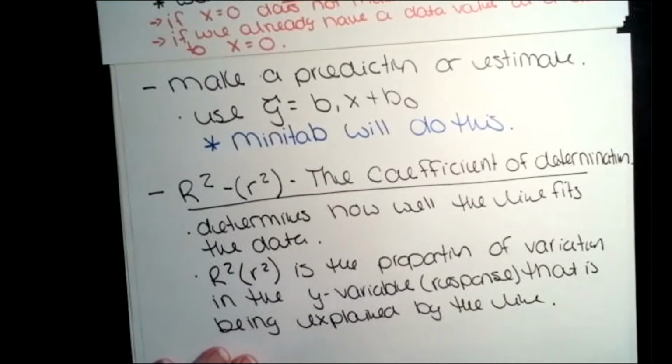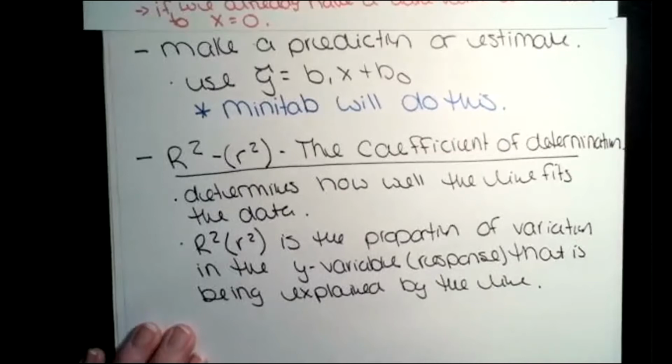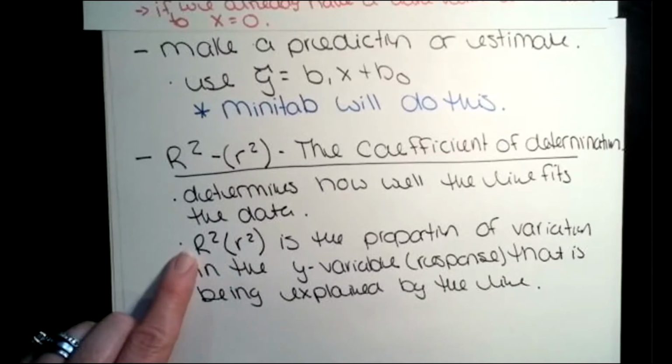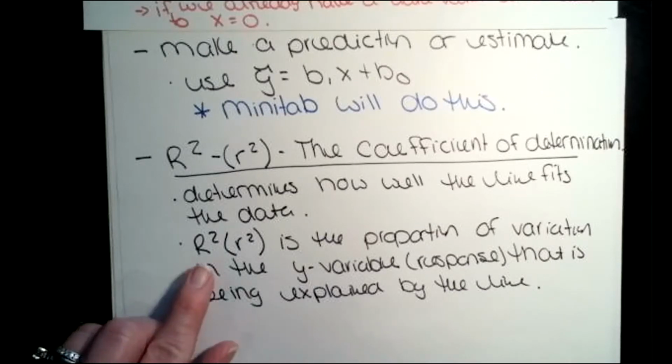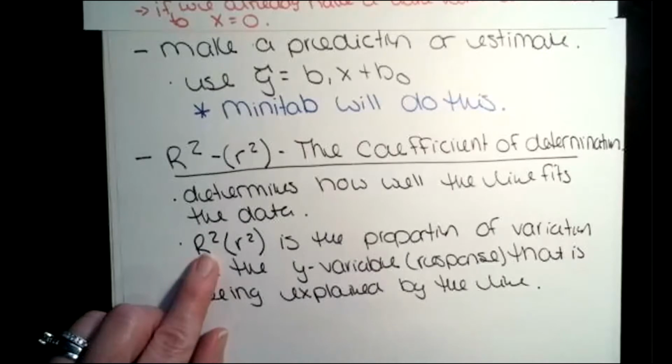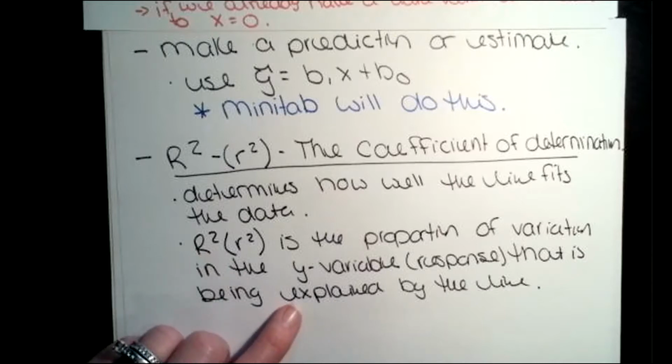This is the proportion that does a good job explaining the spread. Okay, so that's what r squared represents. It's the proportion that does a good job explaining the spread, that variation of our y variable. And the error, the residuals, is what's not explained. So this is what is explained, my R squared. My error is what's not being explained by that line, that variation.